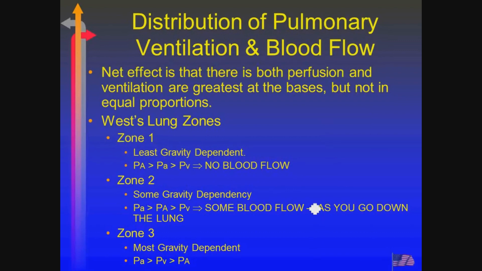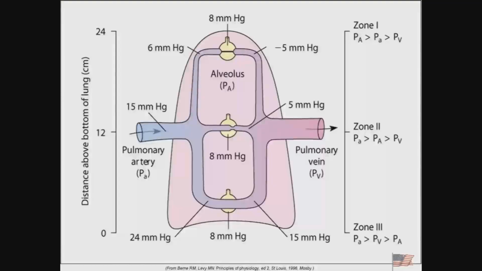For right now, because you'll never remember this, we'll come back and visit this next fall when I'm going over it with the second years. There are different areas of the lung that have been theorized, zone 1, zone 2, and zone 3. We don't need to know it for now, but that's basically just showing that there's a difference in distribution of ventilation and perfusion.